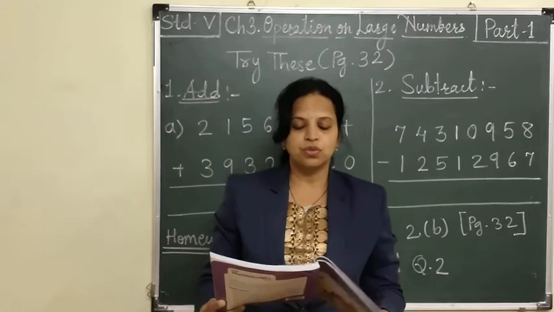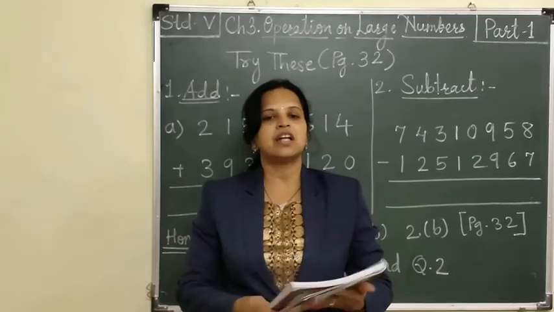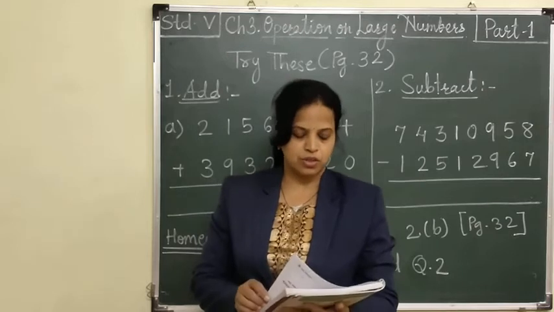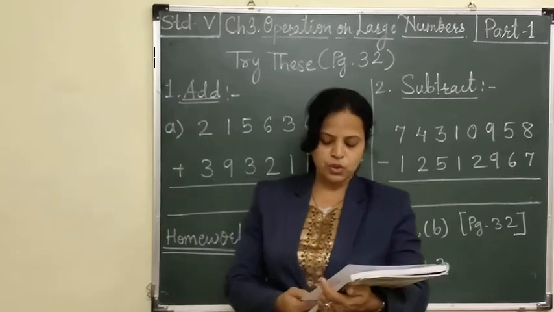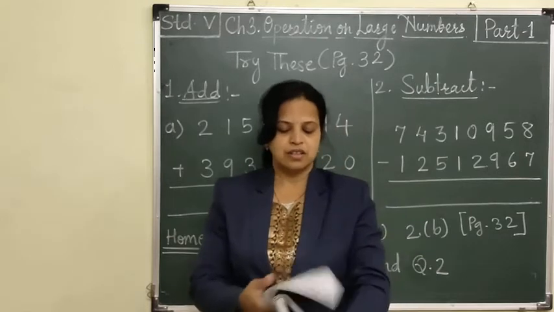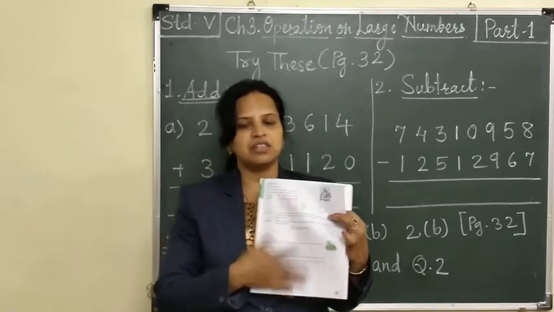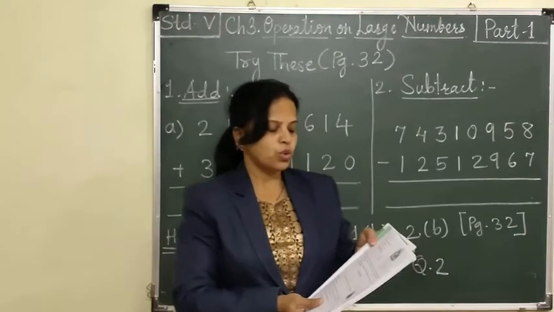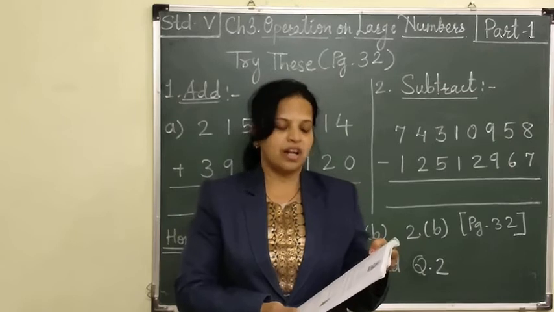Now let's move on to the addition and subtraction of 7, 8 and 9-digit numbers this year. Before we start, the terms related to addition and subtraction are given here. You can go through it. The numbers to be added are called addends.